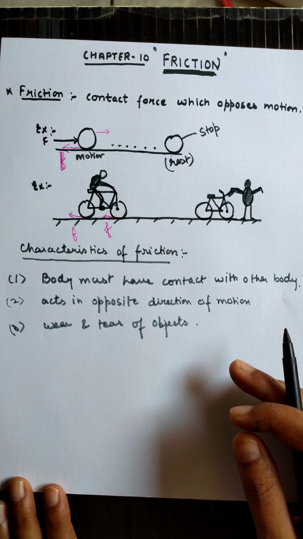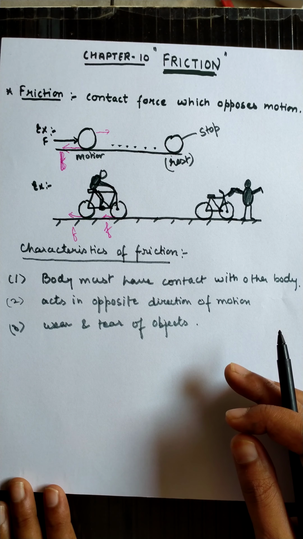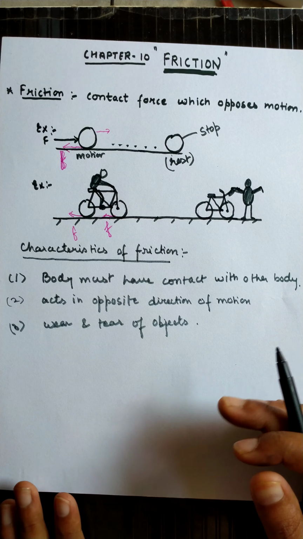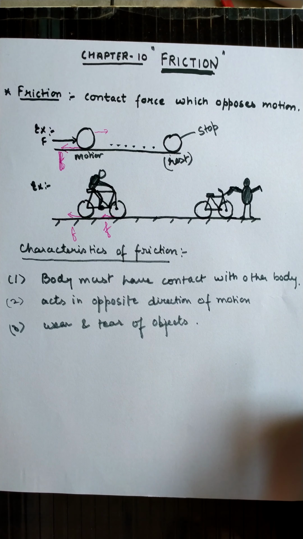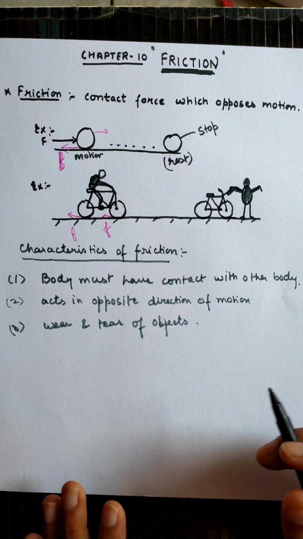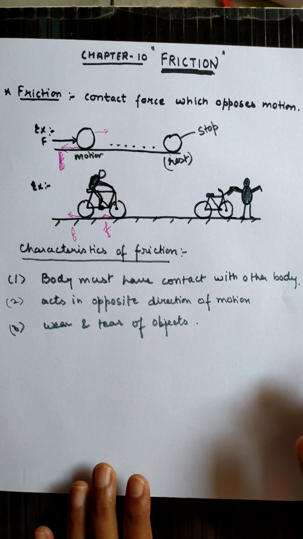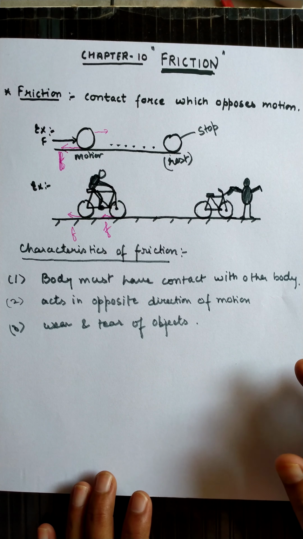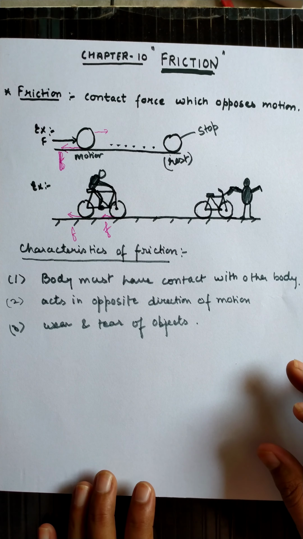Even mechanical energy against friction is released in the form of heat. So whenever machine parts come in contact with each other due to continuous rubbing, heat energy is produced.